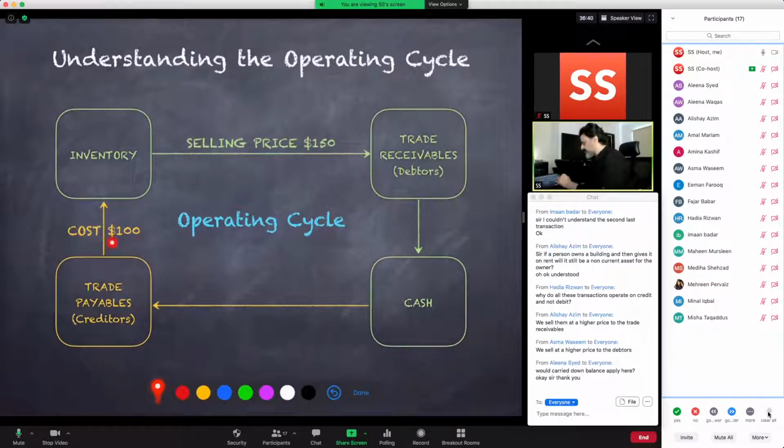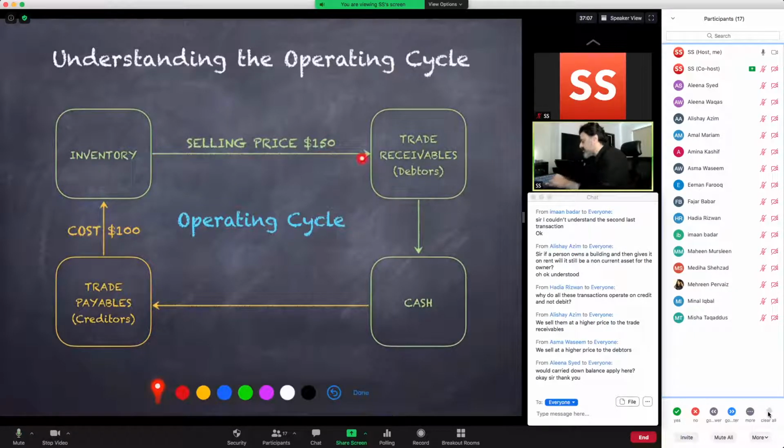The goods that you're selling here cost you $100, and you will sell them for $150, and this is where the profit lies. So every operating cycle, once the first cycle completes, let's say this is one product here, a successful completion of this operating cycle gives you a $50 profit.